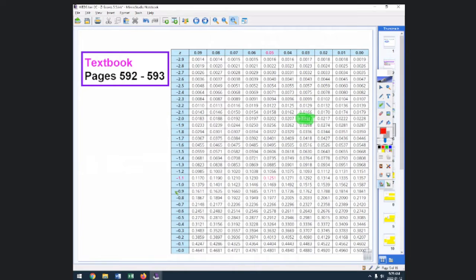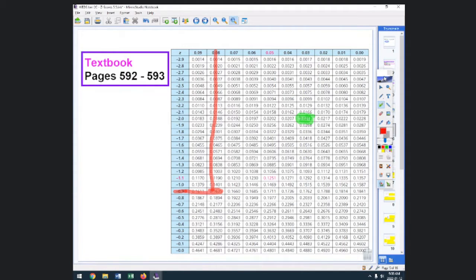So negative 0.98, I would come down here to negative 0.9, but then I'd have to go over to this guy because it matches up with this one. Okay? So these are all just a bunch of numbers to you right now, but what they actually represent, when converted to a percent, is the percentage of data values that correspond to that Z-score under the curve.